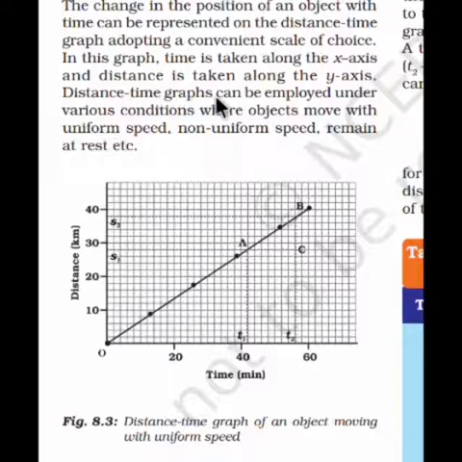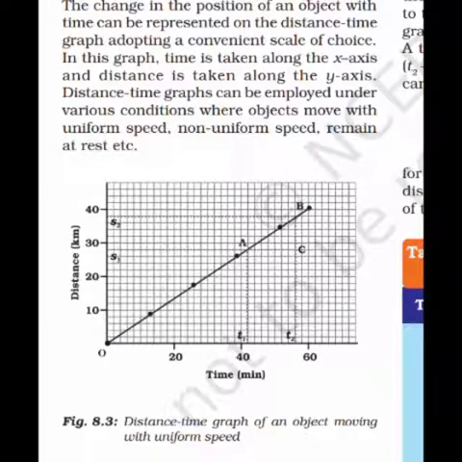Distance time graphs can be employed under various conditions where objects move with uniform speed, non-uniform speed, remain at rest, etc. It means we can draw the linear graph for all these three conditions, for uniform, non-uniform and rest condition object also.